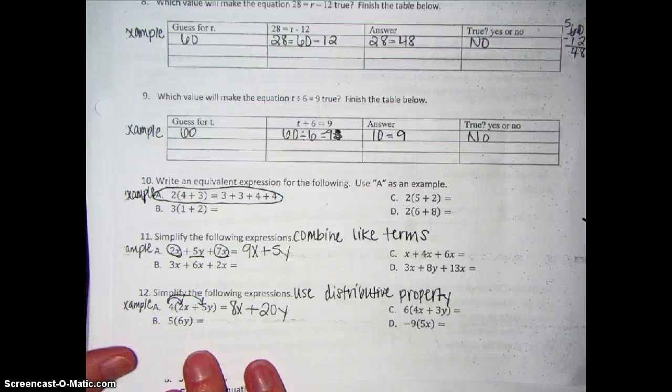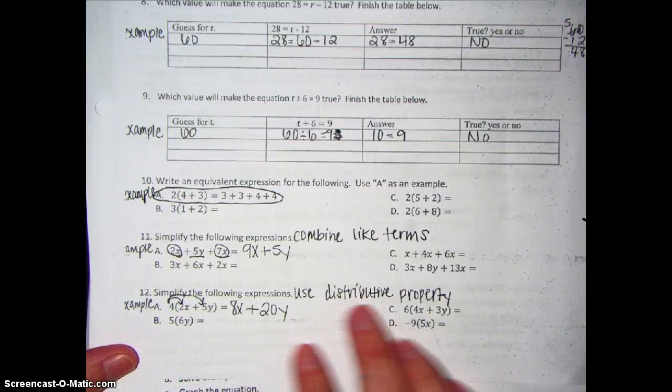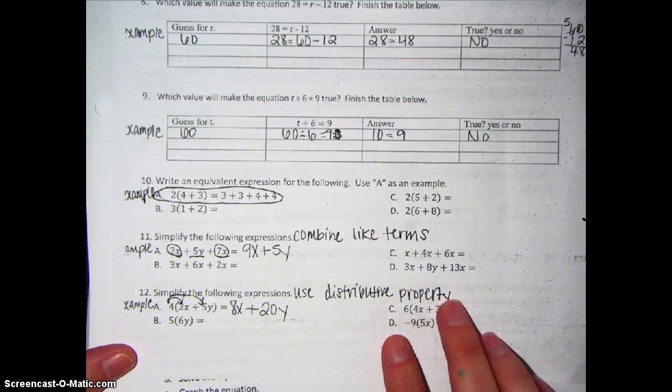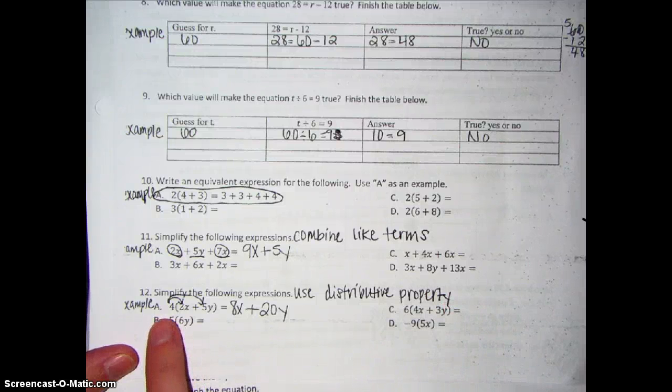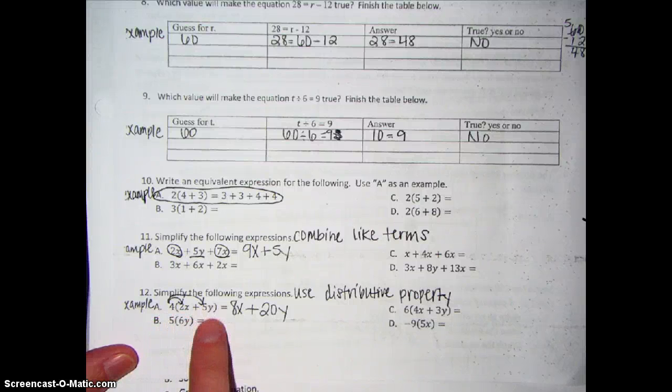Okay, number 12. Number 12 says simplify the following expressions. Use the distributive property. The distributive property tells you that you are giving your present of 4 to the 2x and the 5y.